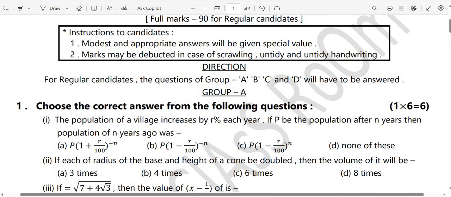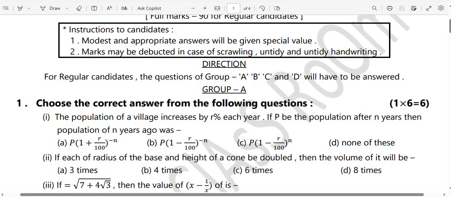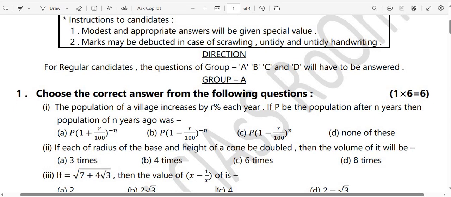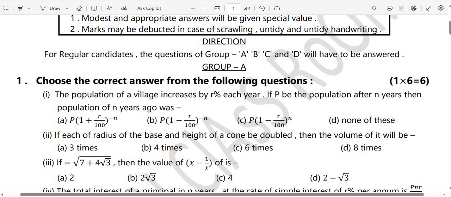Direction for regular candidates: the questions of groups A, B, C and D will have to be answered. You can take notes. Math answers are given below in comparison.